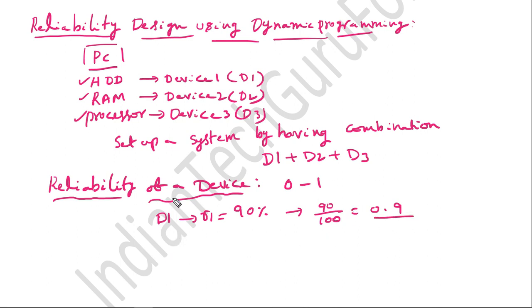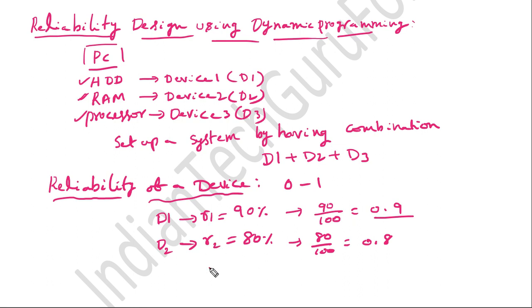Similarly, if RAM has a reliability of 80%, that is 80 by 100, which is equal to 0.8, then R2 is equal to 0.8, the reliability of device D2.